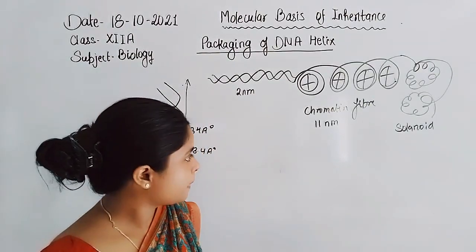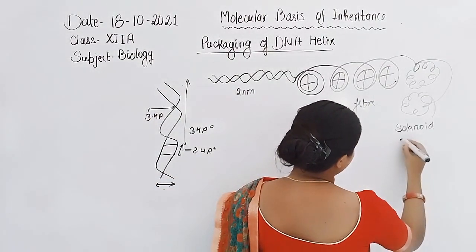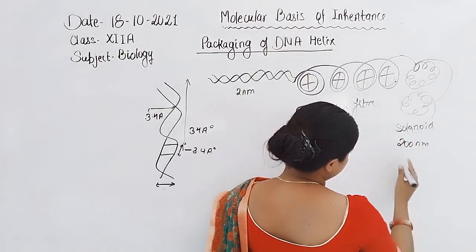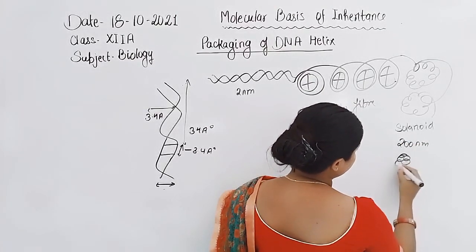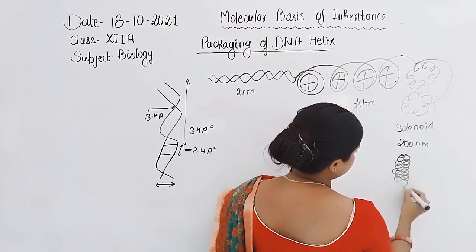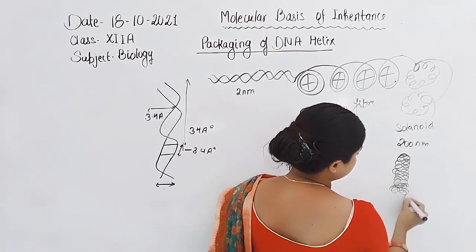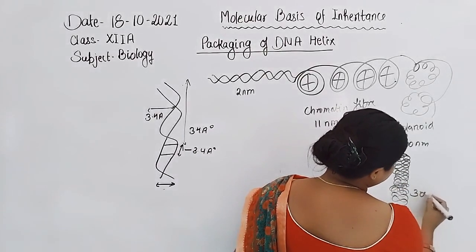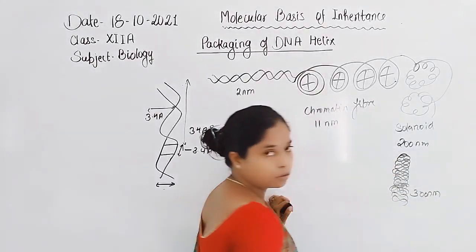The diameter of the solenoid structure is about 200 nanometer. The 200 nanometer fiber is coiled again to form 300 nanometer chromatin.